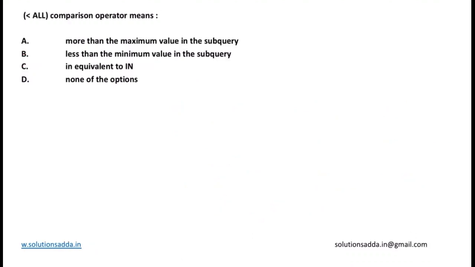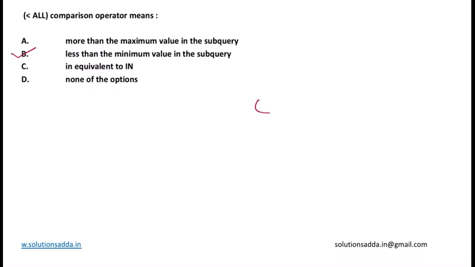This is a question from programming concepts, more specifically SQL. Less than all comparison operator means. Options are: more than the maximum value in the subquery, less than the minimum value in the subquery, equivalent to IN, or none of the options. No doubt the correct answer is less than the minimum value in the subquery.